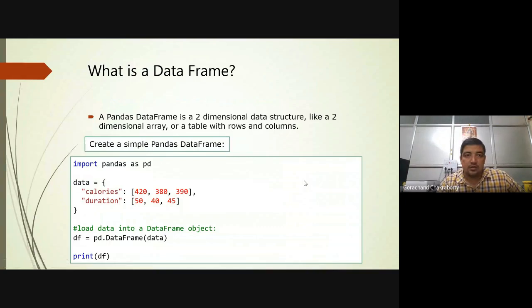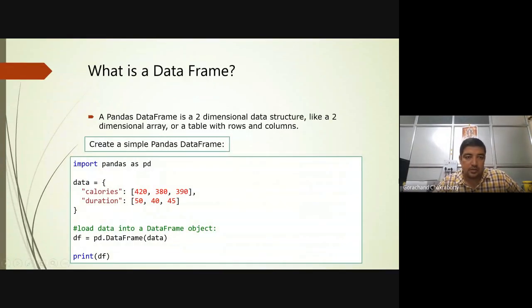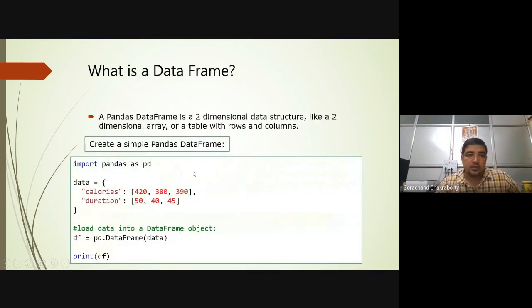Then what is a data frame, that we have already explained. This example we have explained here. This result we can get from here also.